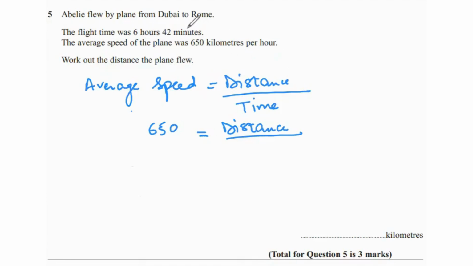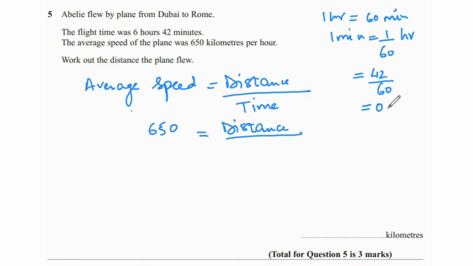Time is given in hours and minutes. Since the speed is just in hours, we need to convert the 42 minutes into hours as well. Since 1 hour is 60 minutes, 1 minute is 1 over 60 hours. So to convert the 42 minutes, we divide 42 by 60, and that equals 0.7 hours. So it's 6 plus 0.7, which is 6.7.